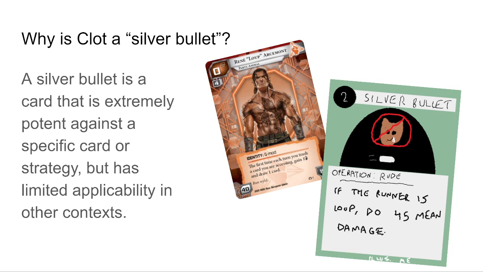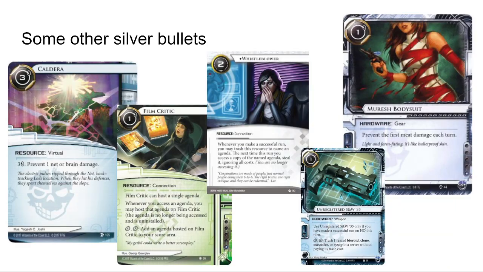That card would be great for your Lou matchup, but broadly wouldn't be as useful. And historically, there's been a lot of silver bullets printed. Now, here's some on the screen.